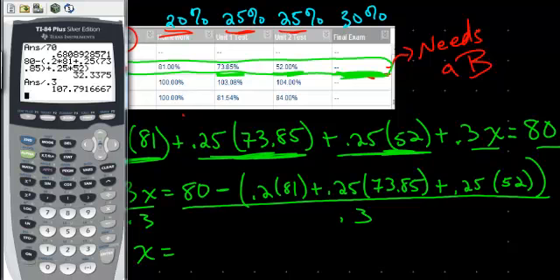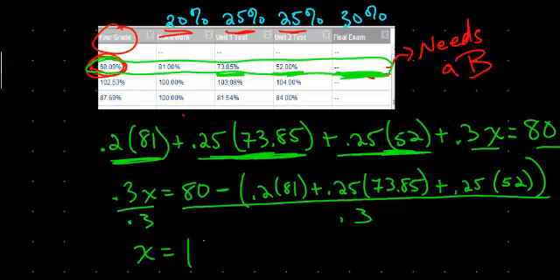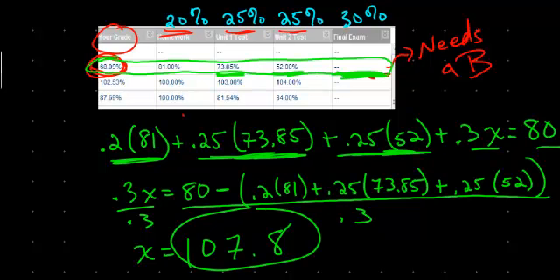We got 107.79. So let's say 107.8. That would mean this student better hope there's some extra credit on here, because to get a B, this student would have to score 107.8. Okay, now let's check it.